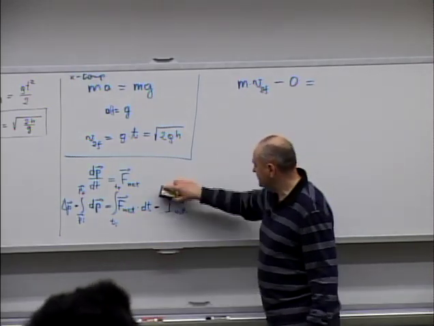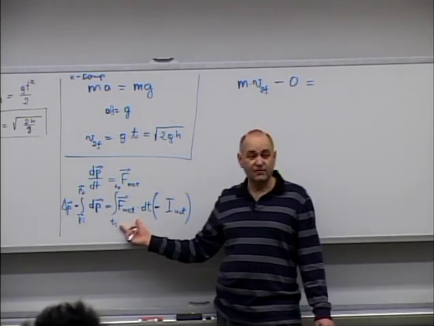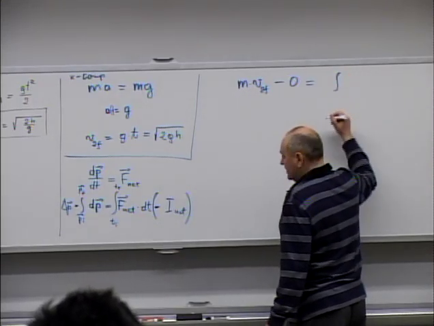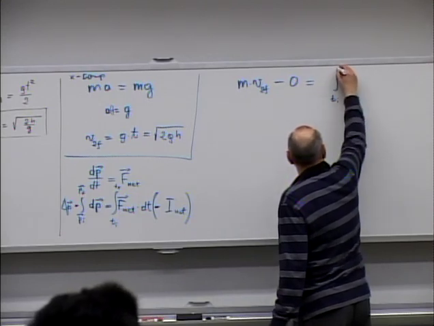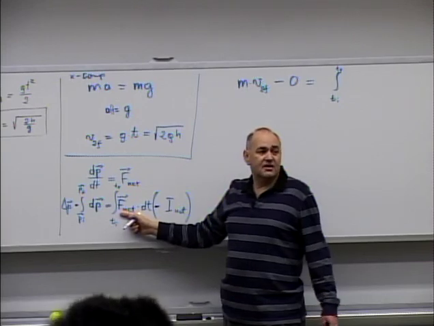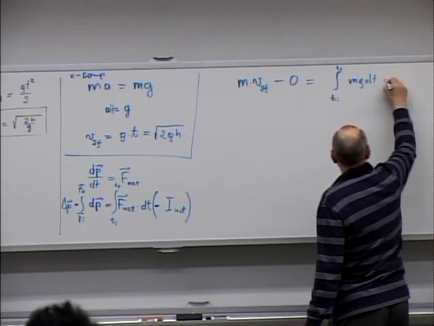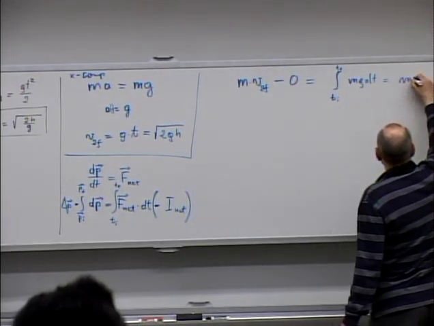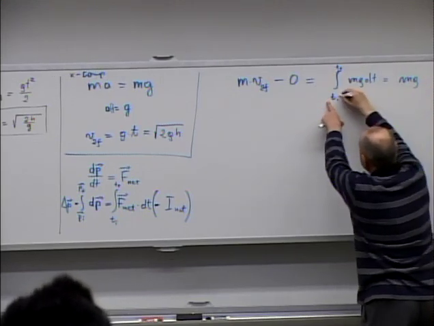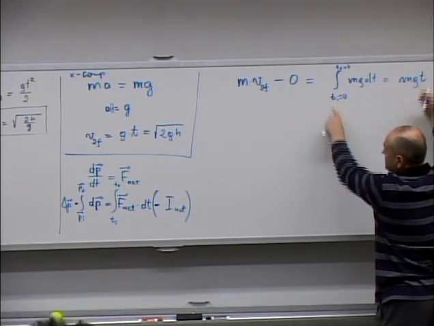Actually, probably it's even better not to, this was a digression. Really, this one is more useful for me. Because now I have to integrate force from initial instant to final instant. And the x component of this force is going to be mg times dt. So I get over here that this is mg times t final minus t initial. This one is 0. This one is our t. So it's mg t.